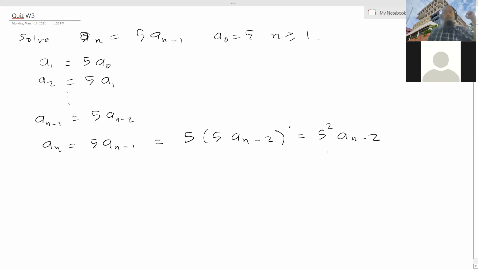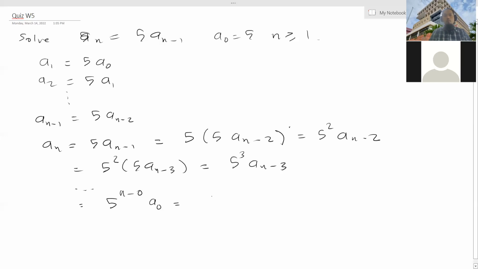For example, this becomes 5 squared times 5a_{n-3}, which is 5 cubed a_{n-3}, and so on until you get 5^n a_0.